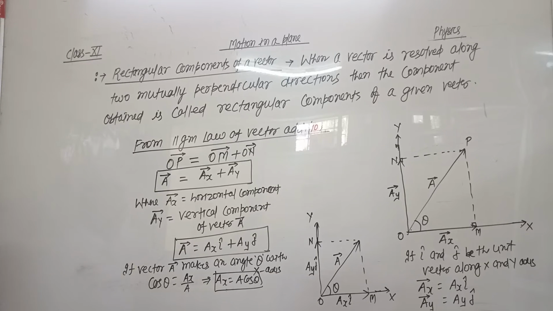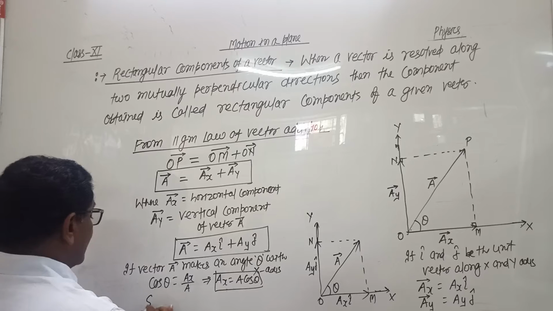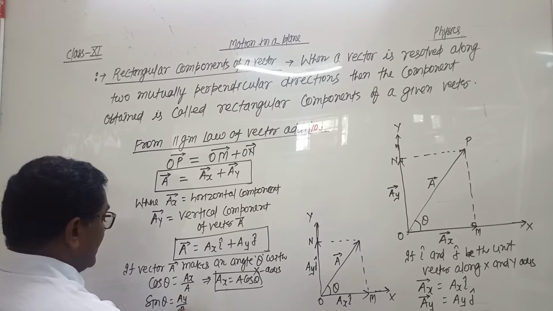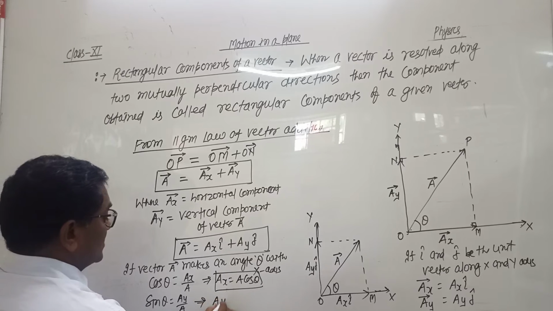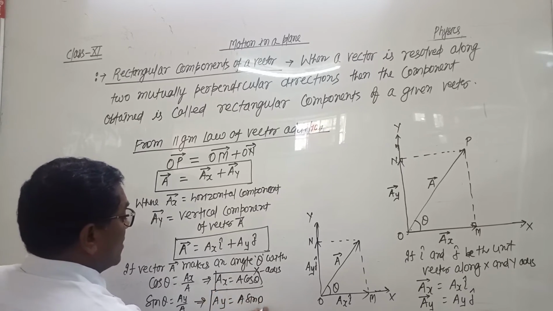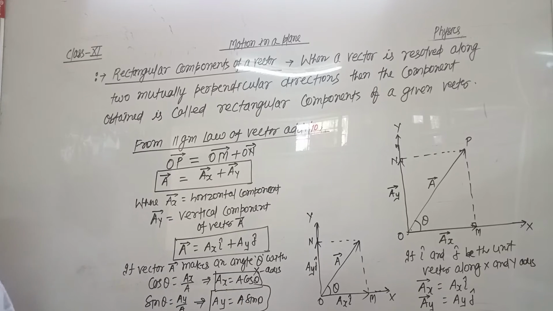Similarly, sin theta equals AY by A, so AY equals A sin theta and AX equals A cos theta.